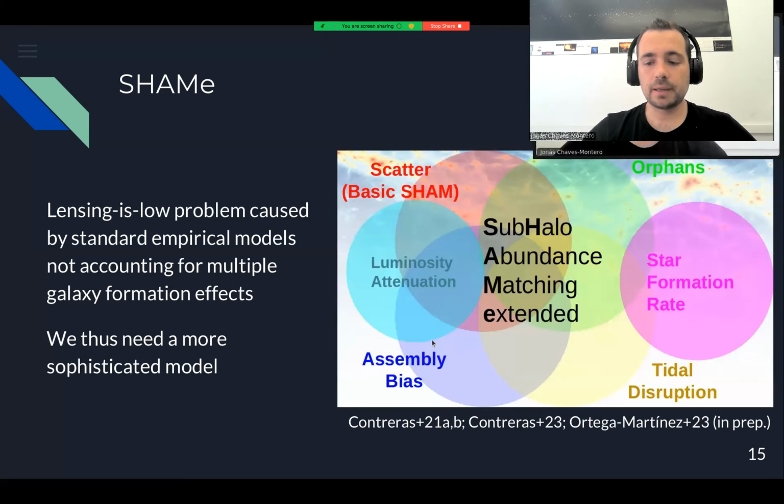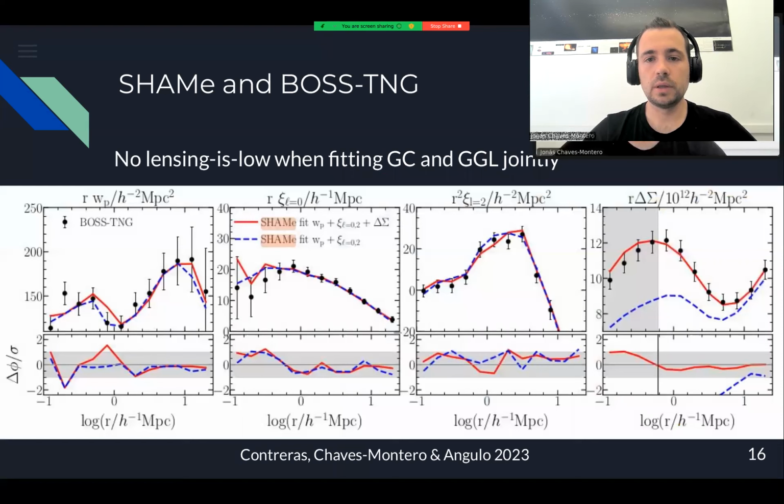This model has been shown to be very good in reproducing the predicted clustering multipoles and galaxy-galaxy lensing for stellar mass selected galaxies from the TNG simulation.